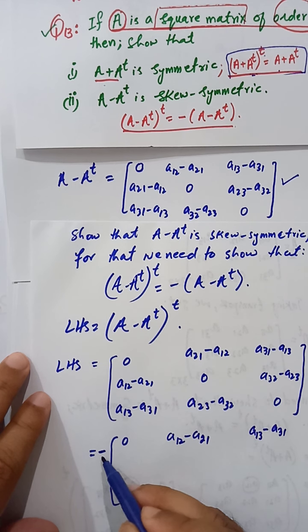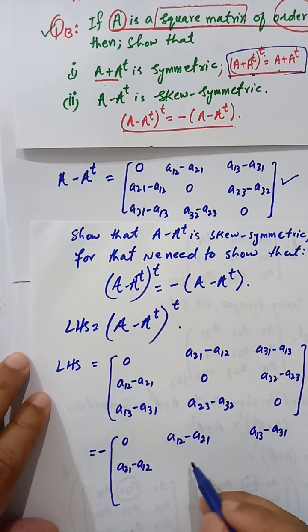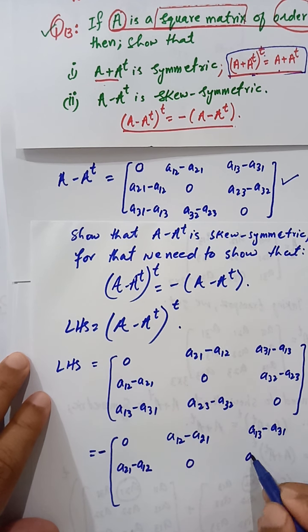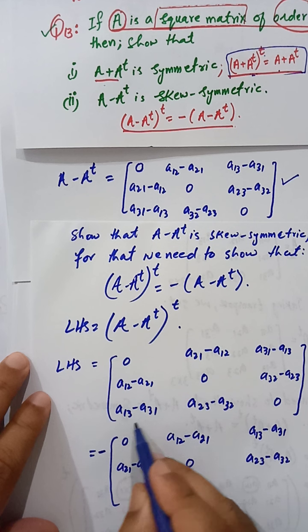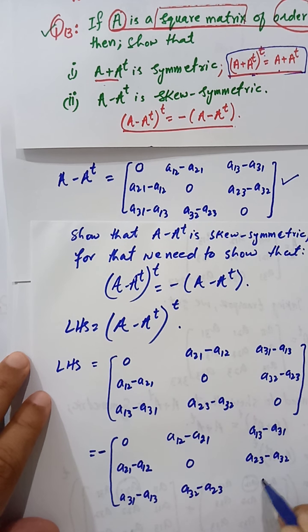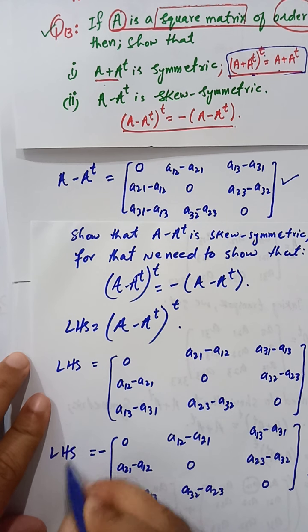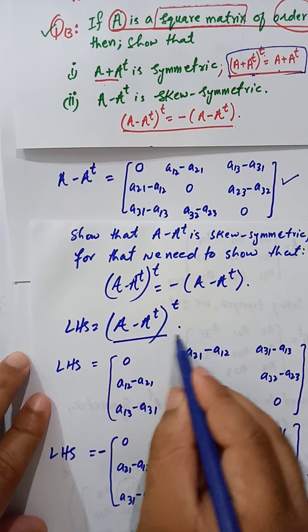Here, that will become A21 minus A12. This will be 0. This will be A23 minus A32. Here it will be written like this, and this is 0. So this is your required left hand side.